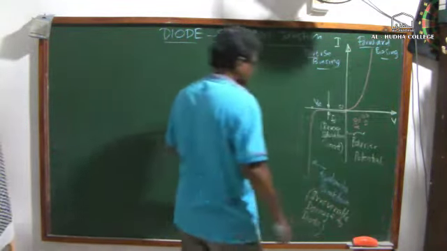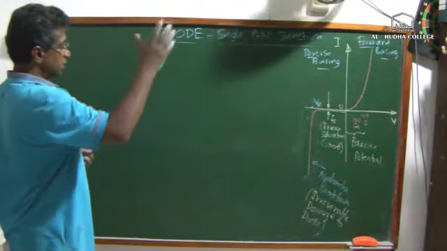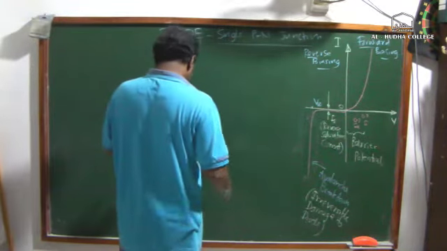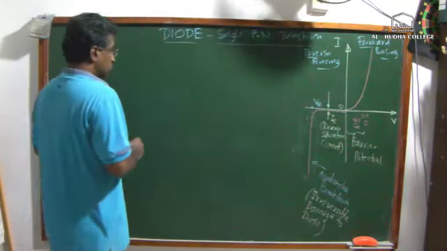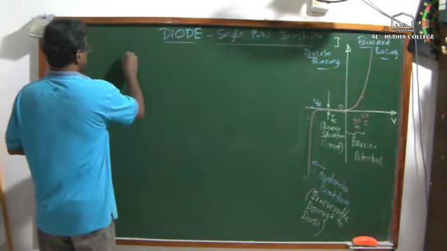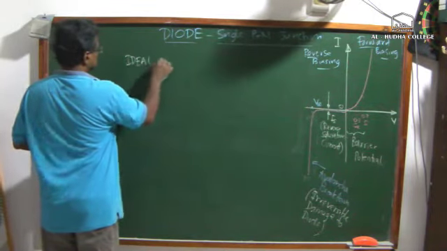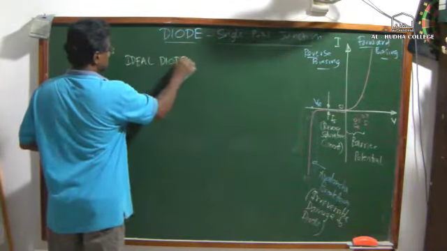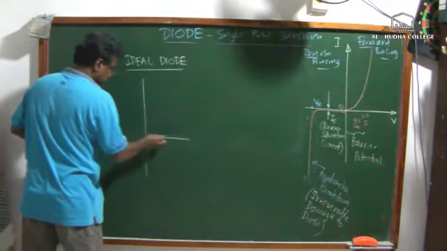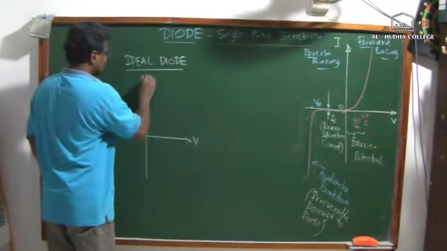The intention of creating a PN junction is to allow the current in the forward bias condition and block the current in the reverse bias condition, right? So ideally, what we would have expected is an ideal diode. If you draw the curve for the ideal diode, we would have wanted it like this.